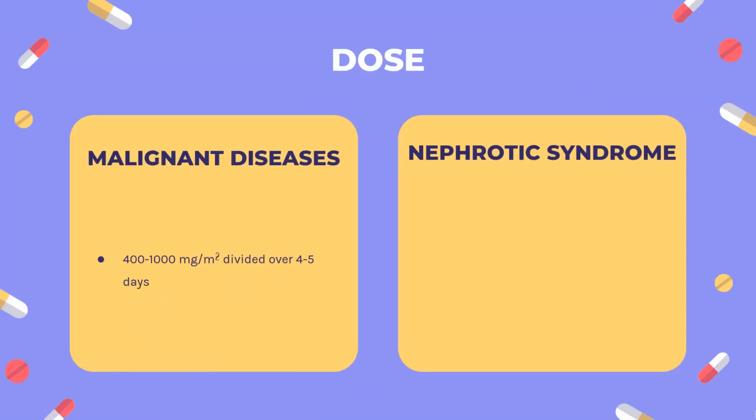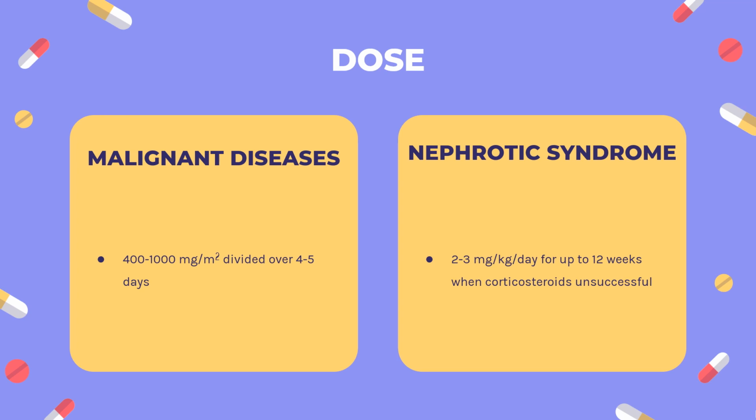Dose. Malignant diseases. IV. Intermittent therapy 40 to 50 mg/kg, or 400-1800 mg/m², divided over 2 to 5 days, may be repeated at intervals of 2 to 4 weeks. IV.